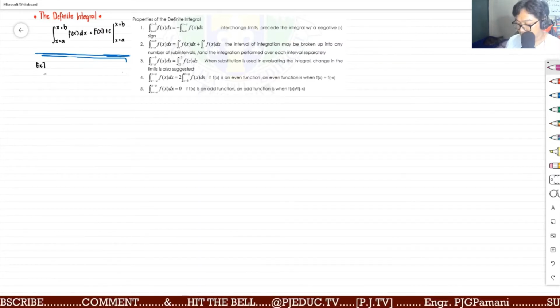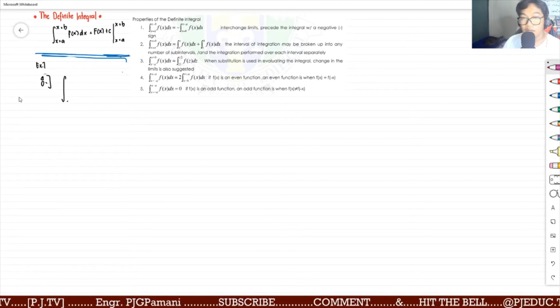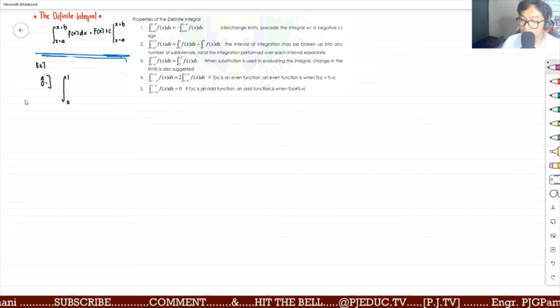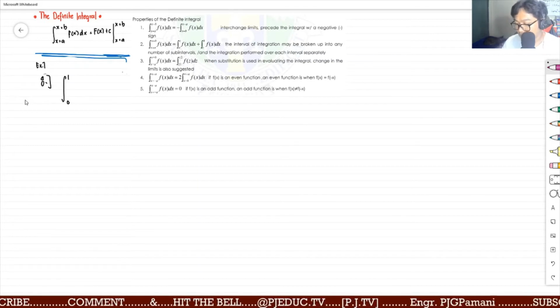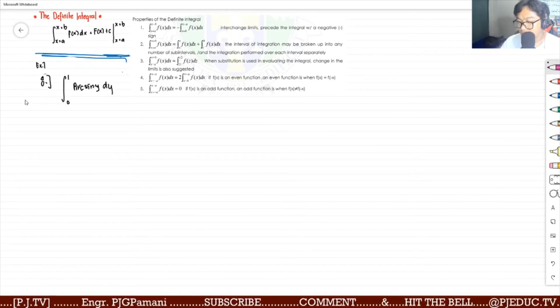How about if you're asked to evaluate this next example? Evaluate the definite integral with a lower limit of 0 and an upper limit of 1 of an inverse trigonometric function, arc sine y dy.